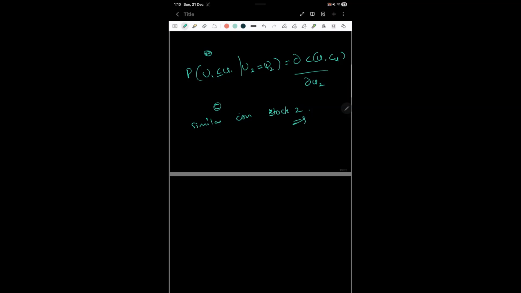The Copula density function, small c of u1 and u2, is the second derivative of the respective distributions.